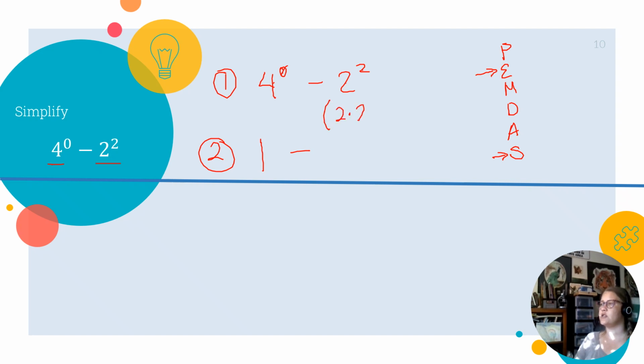2 times 2. All right, now we can solve that. We got 2 times 2, and that's simply 4. Now we're fully at our step 2. So we're done with exponents. We're going to come down here and do our subtraction. So you see here we have a 1 minus a 4. There's a couple different ways you can handle integers here, but the easiest way would be to count back or to use a number line.